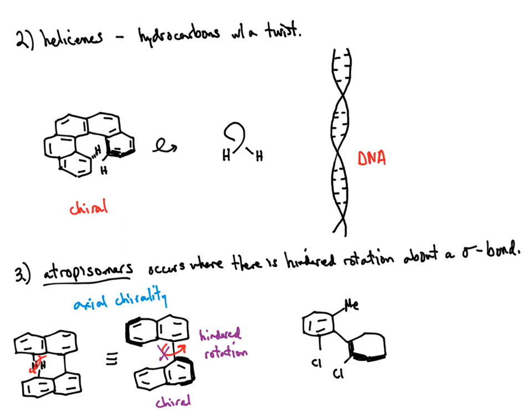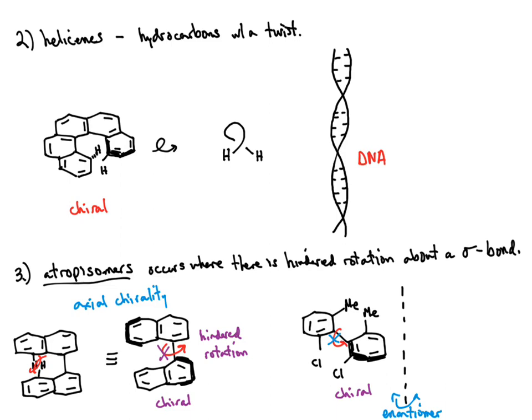It's sitting flat. And then I have a methyl group here. All right, this molecule is chiral, and the reason it's chiral is because it has a non-superimposable mirror image. The mirror image that we will draw in a second is an enantiomer. And the reason we can't rotate around that sigma bond is because the two chlorines and the two methyl groups will bump into one another when they're coplanar.